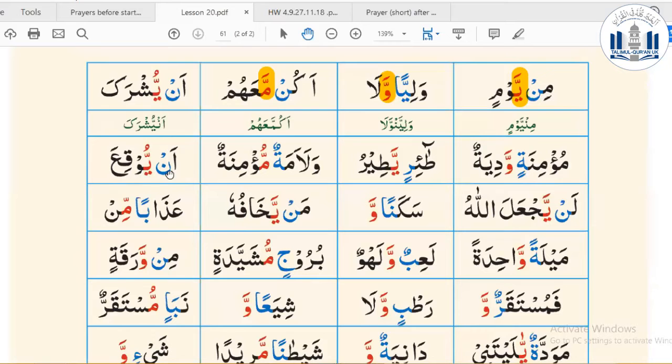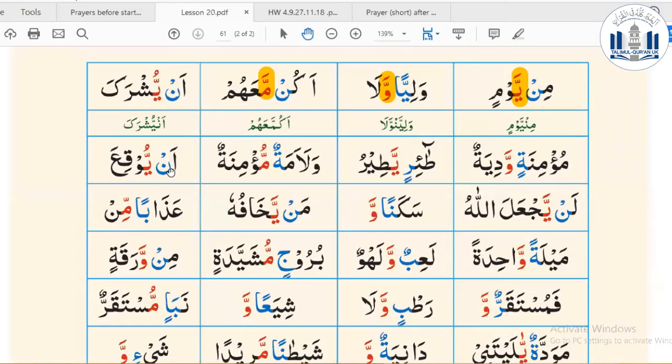Okay, we're not producing a noon sound, we're producing a nasal sound. A noon sound would be like this. But we're not producing a noon sound, we're just making a sound from our nose.